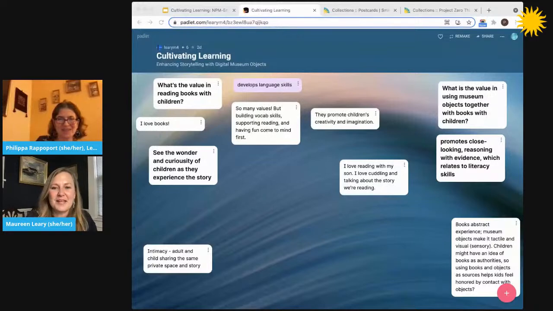So then when you take that object and you say, look, this object connects with this book, and this book connects with your life, you're creating that through line for them. That's not only showing them the importance of the object itself or the topic itself, but how they fit into all of that and how they're important too. And the experiences that they bring to it and that they take away from it, all of that has value. And making those connections for them is part of what's so important about doing these kinds of things with young children.